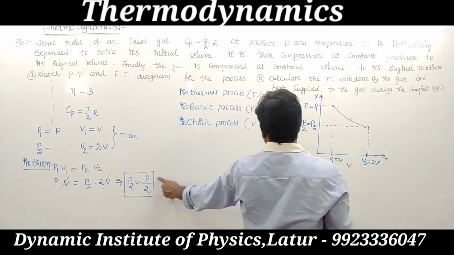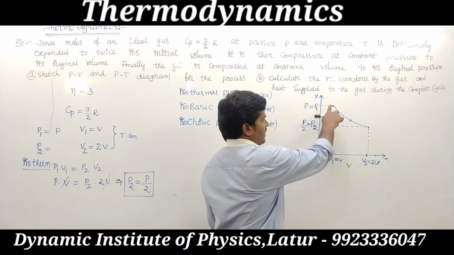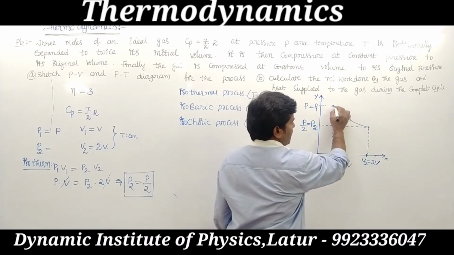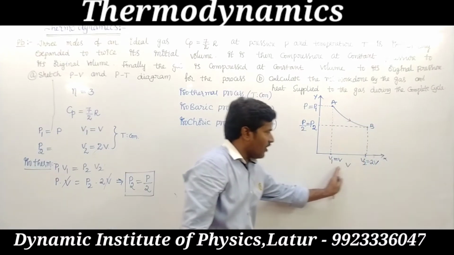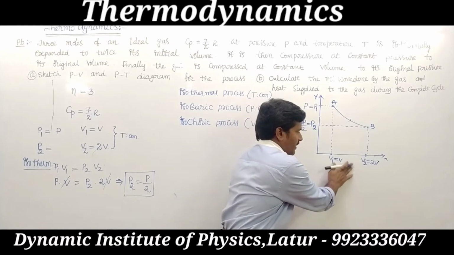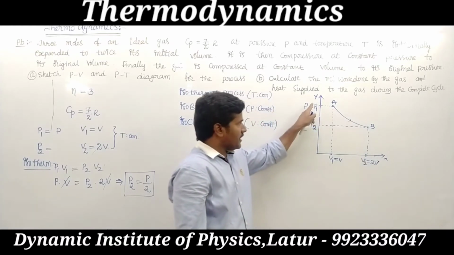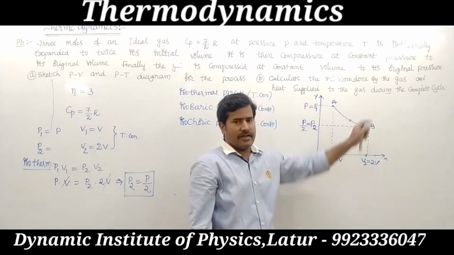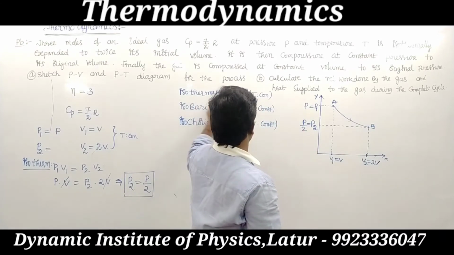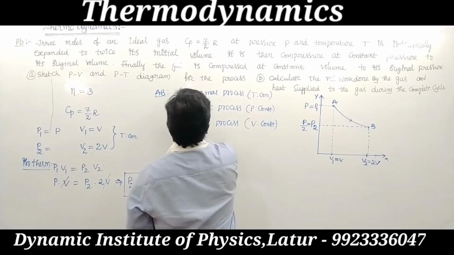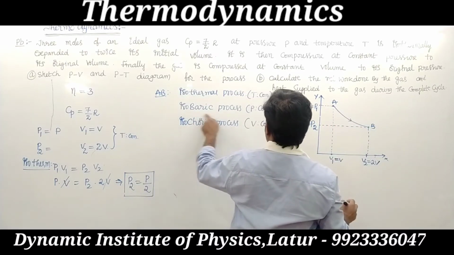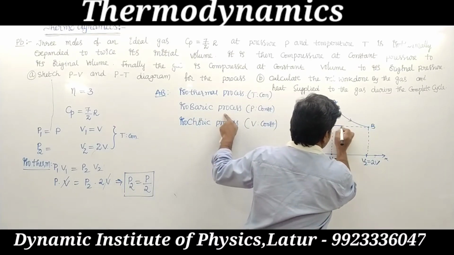Final pressure becomes P by 2. So A to B is the isothermal process. When volume increases, pressure decreases. This is the first one, so AB indicates isothermal.